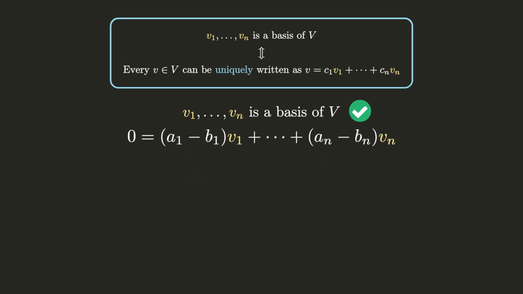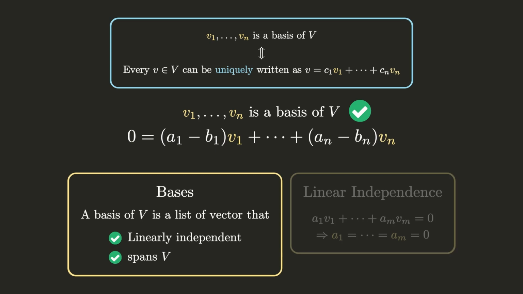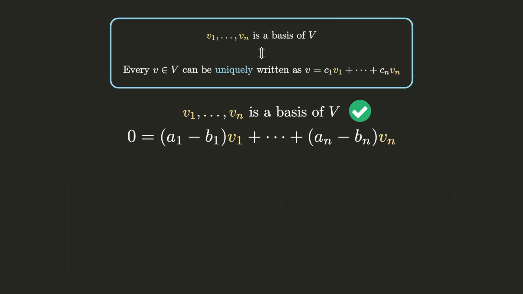Because V1 through Vn is linearly independent, that means the only way to generate the zero vector is by taking all the coefficients to be zero. So we know a1 minus b1 all the way through an minus bn are zeros, meaning each of the a's equals each of the b's, proving the uniqueness of the linear combination.